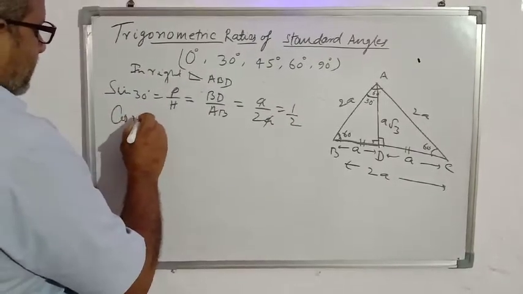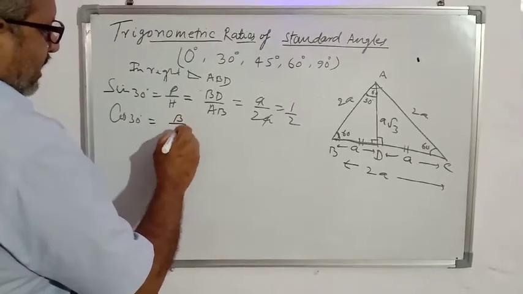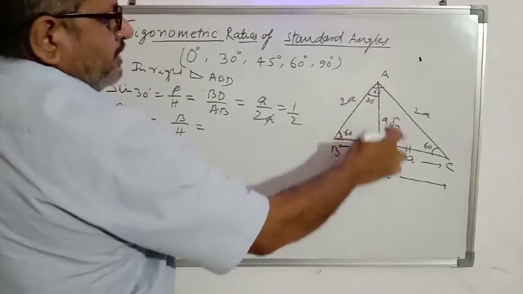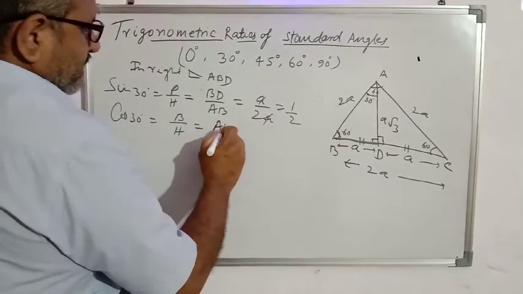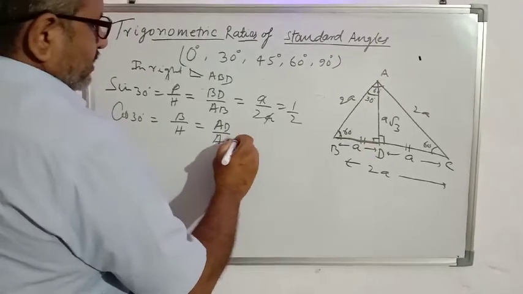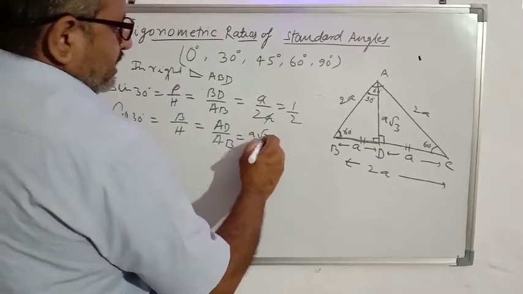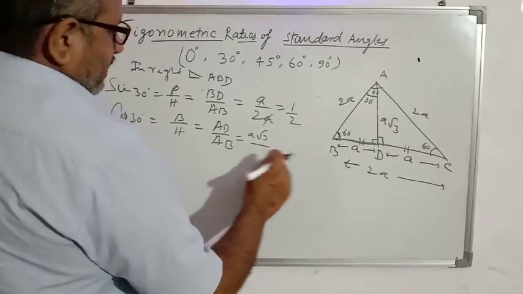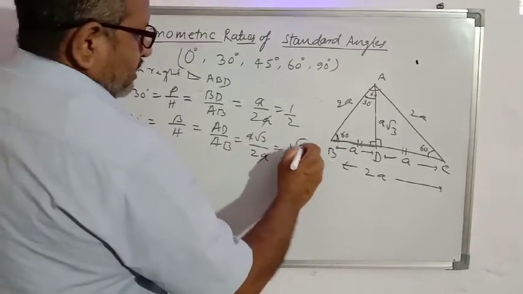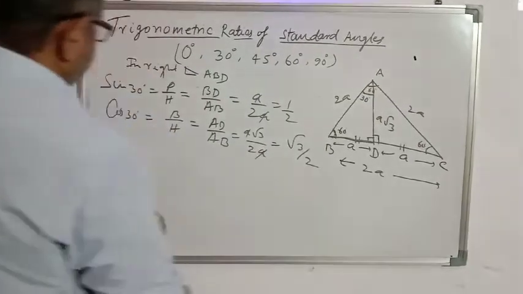And cos 30 degree is base by hypotenuse. Base is AD, hypotenuse is AB. AD is A root 3 and AB is 2A. A cancels with A, so it is root 3 by 2.